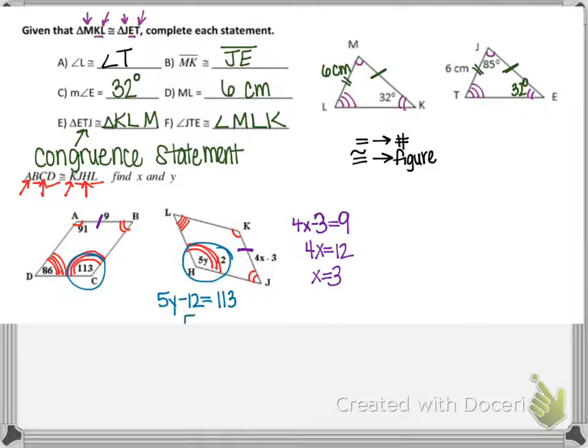First I'll add 12, so 5y equals 125. And then I divide by 5, so I end up with 25 right there. So we found x and y, yay.